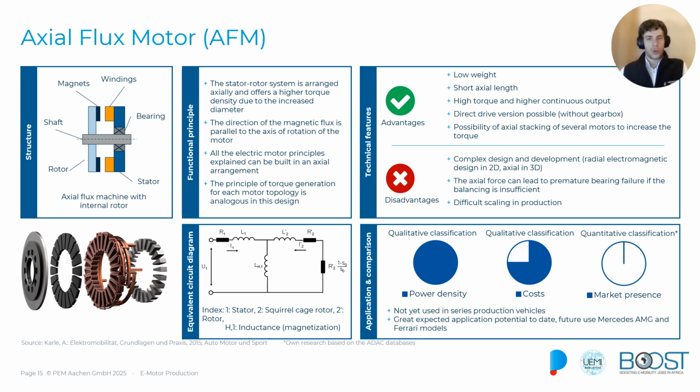But the rotor is not built radially into the stator, it is built axially next to it. It works by having flat rotor and stator discs facing each other with magnetic fields running along the motor's axis.